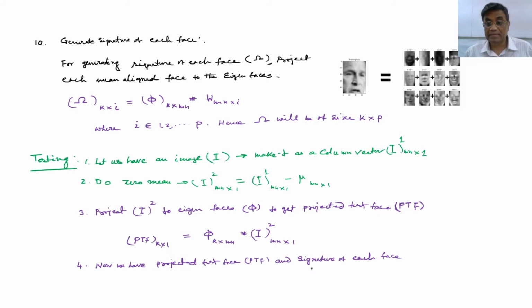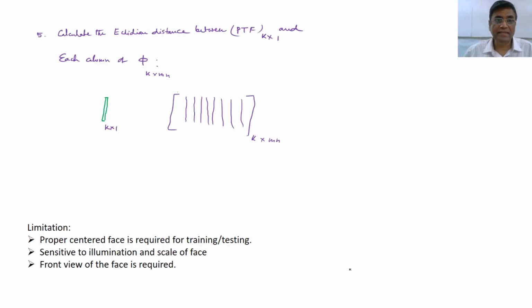Now we have the projected test face and the signature of each face. You need to calculate the Euclidean distance between the projected test face and each column of eigenfaces, okay. So this is our test face. I need to classify. So for each column in this matrix, these are my eigenfaces, I will make a Euclidean distance and note it down.